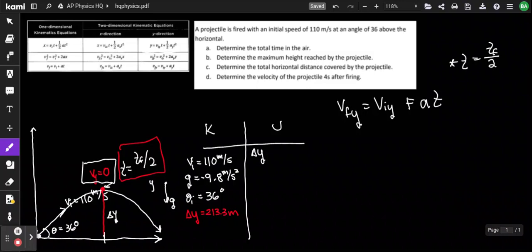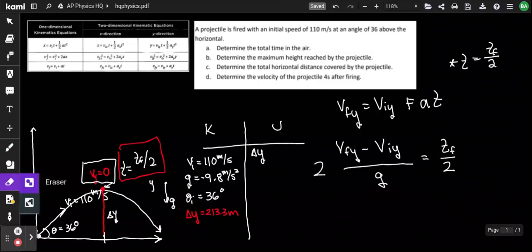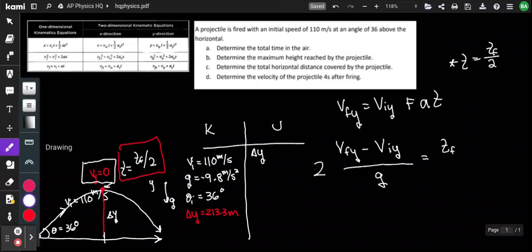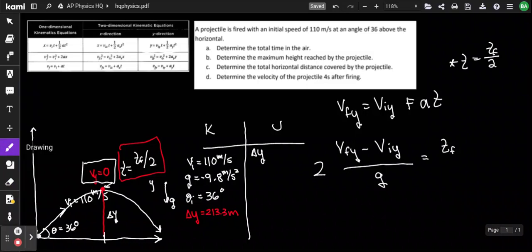So isolating time, we're going to have V final y minus V initial y divided by acceleration, which in this case is g, and that's going to be t final divided by 2. So in order to isolate t final, we're going to multiply both sides by 2, which is going to cancel out the t final divided by 2 and leave us with t final.